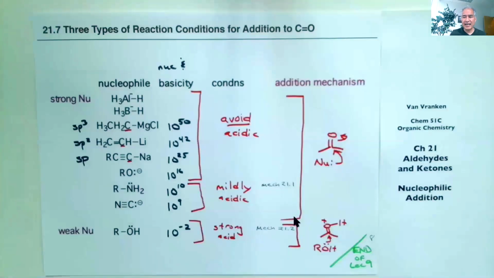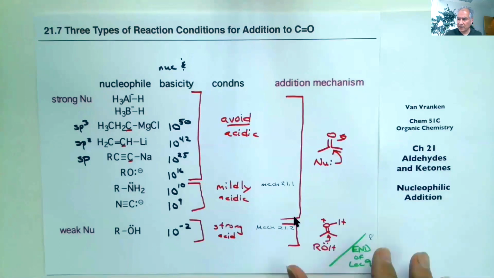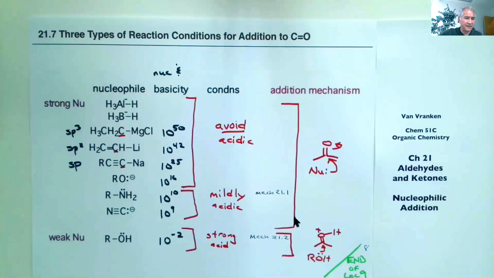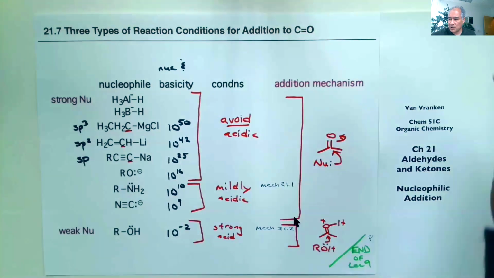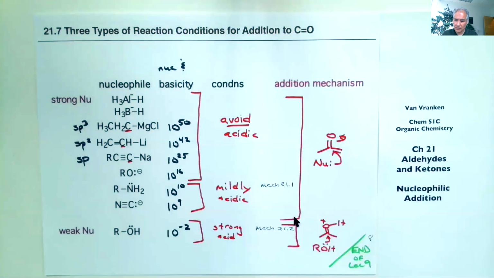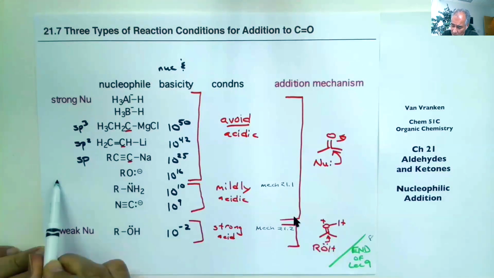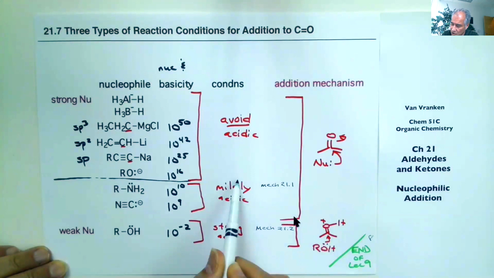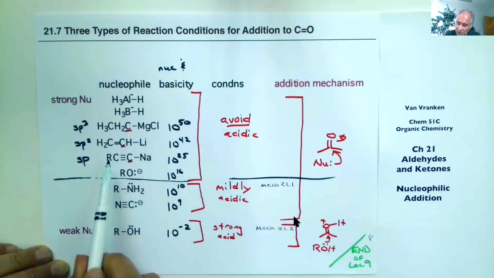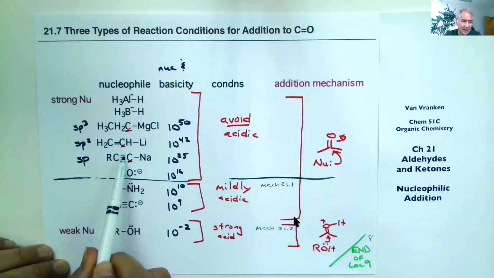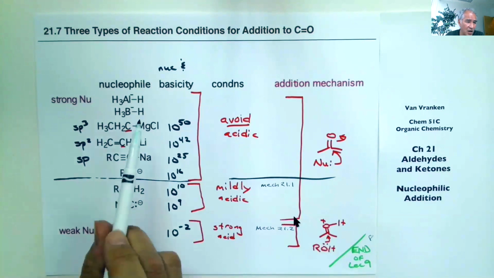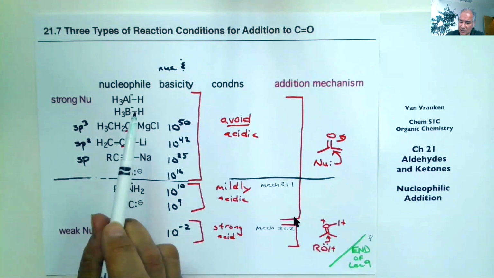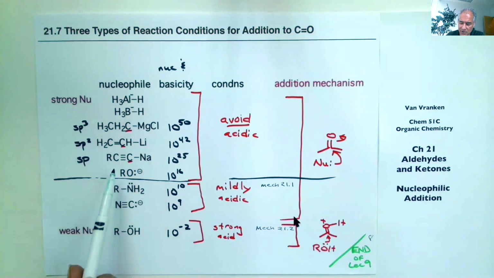I left off on Friday giving you a broad overview of what this chapter was about and trying to put it into context of how it fits into the previous chapter. We've been talking about the chemistry of carbonyl compounds, and we spent so much of chapter 20, our last several lectures, talking about the reaction of supernucleophilic compounds that form carbon-carbon bonds and carbon-hydrogen bonds.